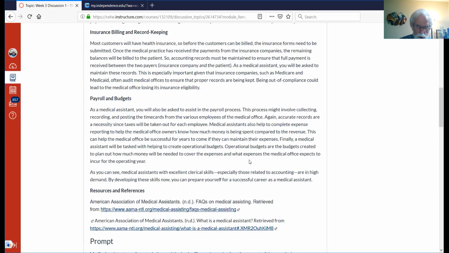As for budgeting, I question whether you, even in a small practice, would actually be central to budgeting. However, you may be asked to compile and categorize expenses for a budget process.